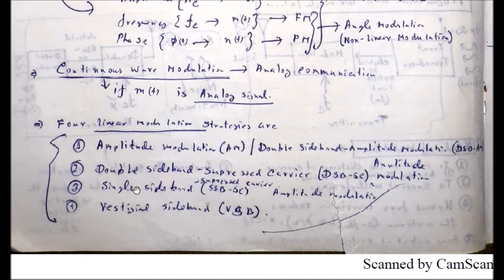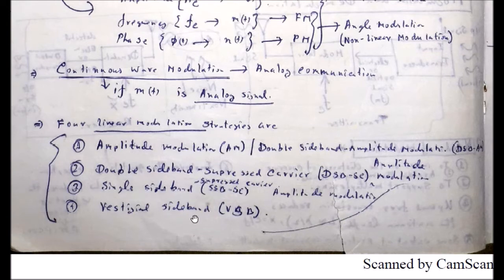DSB-SC and SSB-SC generally are more efficient modulation techniques in terms of bandwidth, and for SSB, in terms of both bandwidth as well as power. Generally DSB-SC is superior to ordinary AM in terms of the transmission power efficiency, and SSB-SC is superior to the earlier one in terms of both power as well as bandwidth.